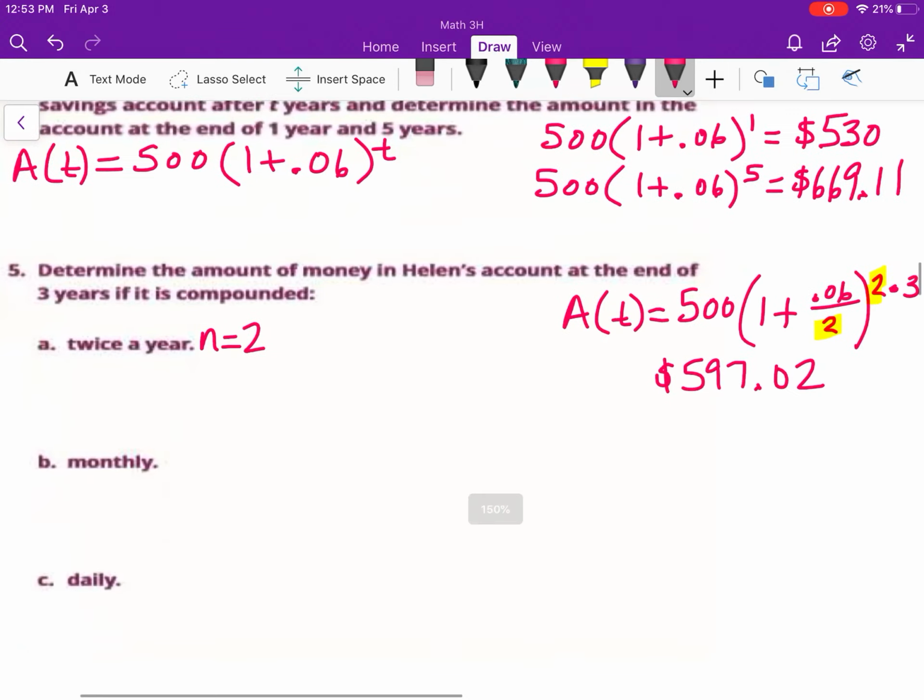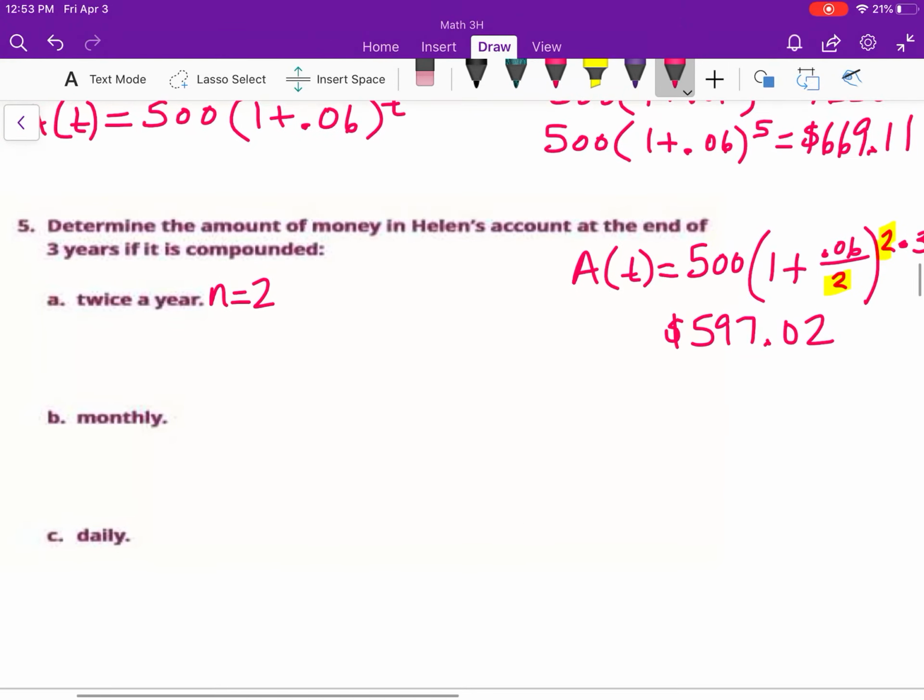So now it worries me about even the 669.11. 500 times 1 plus 0.06 to the fifth. Okay, the 11 is right from that previous problem.